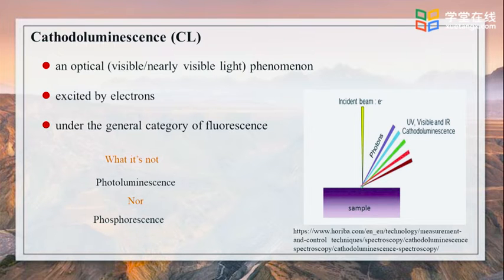Cathodoluminescence is an optical phenomenon excited by high-energy electrons. It is neither photoluminescence nor phosphorescence, but it is under the general category of fluorescence.